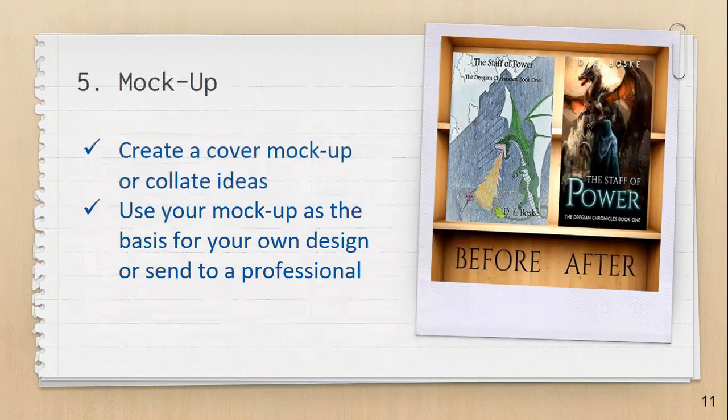If you can't do a mock-up for yourself, I recommend you just go straight to professional services, because if you can't create a mock-up, you're not going to be able to create your final design. Okay, simple as that. If you can create a mock-up, you can then go, okay, well, now I can either do this myself or go to professional services. So this step 5 is really great for helping you work out whether you're going to be able to do your own cover design or not.